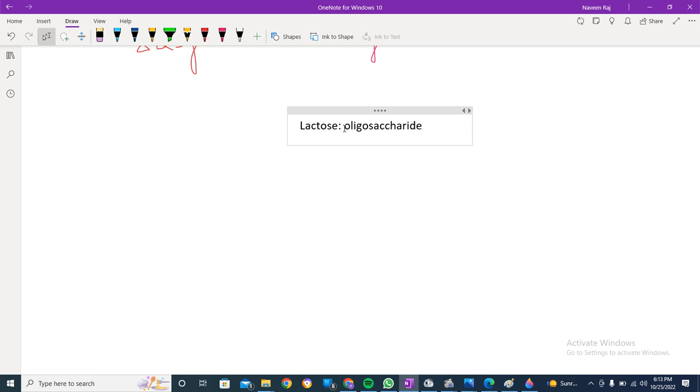Lactose is an oligosaccharide, and it consists of beta glucose plus another compound, both are beta, in this case beta galactose.